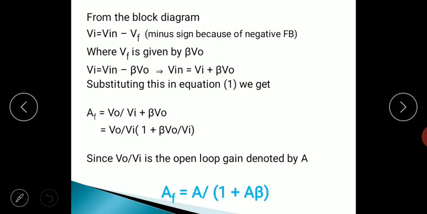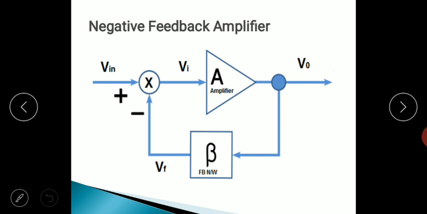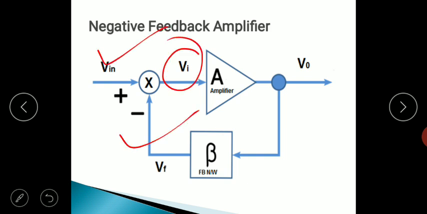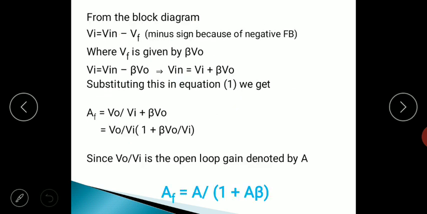Now using this equation 1, we have to get the expression for closed loop gain of a negative feedback amplifier. If you consider the block diagram of the negative feedback amplifier, we can see that the effective input applied to this amplifier, that is Vi, will be Vin minus Vf. So Vi is equal to Vin minus Vf, and as already told, the minus sign is because of the negative feedback. Now this feedback signal Vf is given by beta times V0, where beta is the feedback fraction and V0 is the output signal.